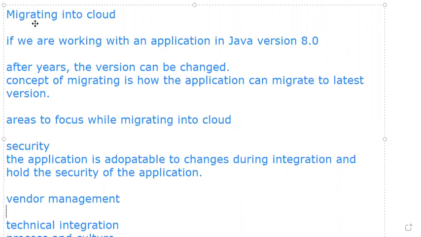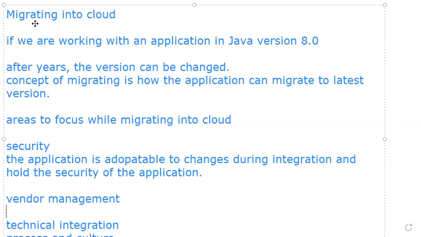I would like to enhance my application, meaning increase its capabilities. In that case, if the specific vendor is unable to provide the security, then I will look for alternative vendors. Now the question is, whenever I would like to work with another vendor, does this vendor provide more security or not?